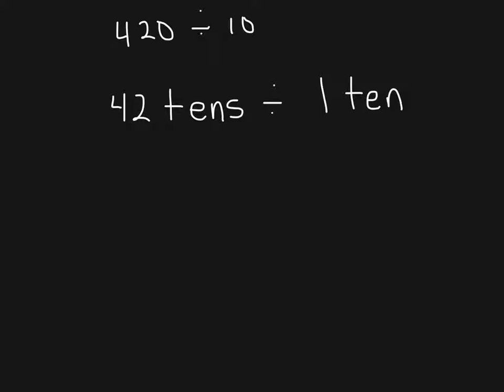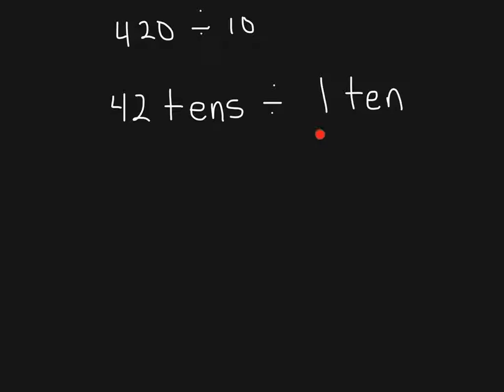And there's yet another way to think about this if we just change the units. 420 divided by 10 is actually that we're using the unit of 1. But I could use a different unit, and I could change this 10 to 1 ten.